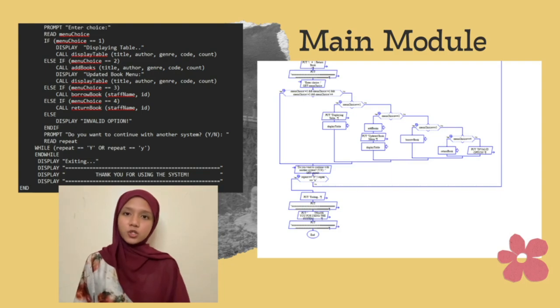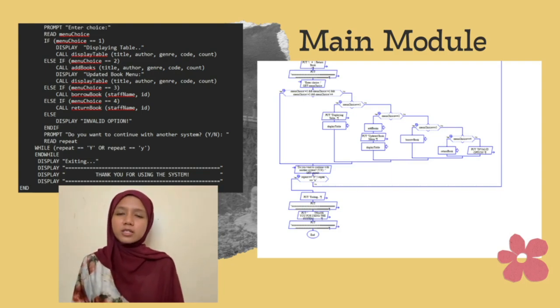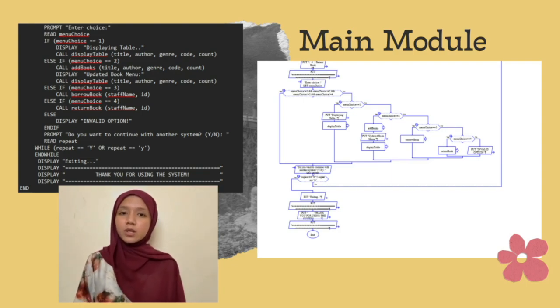If the user chooses number 1, the system calls the display table function which will display the list of books. If the user chooses number 2, the system calls the add books function. So, this is where the user can add a new book and the updated book list will be displayed again.